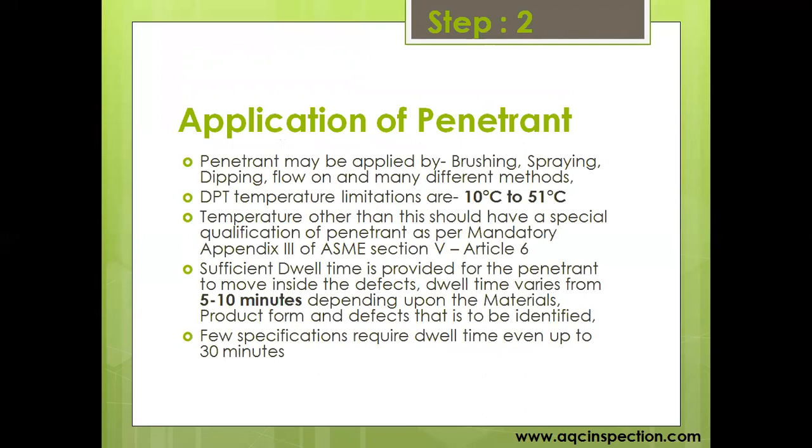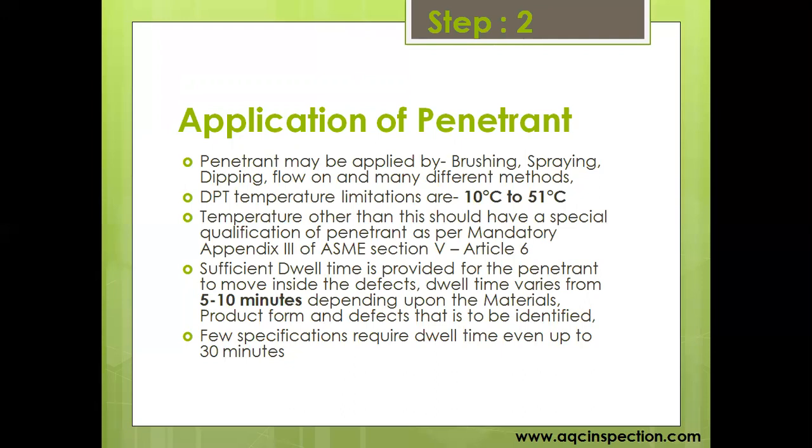Step 2. Application of penetrant. Penetrant may be applied by any of the following methods: brushing, spraying, dipping, flowing, or any other means. Before application of penetrant, the surface temperature of the inspection component should be noted.